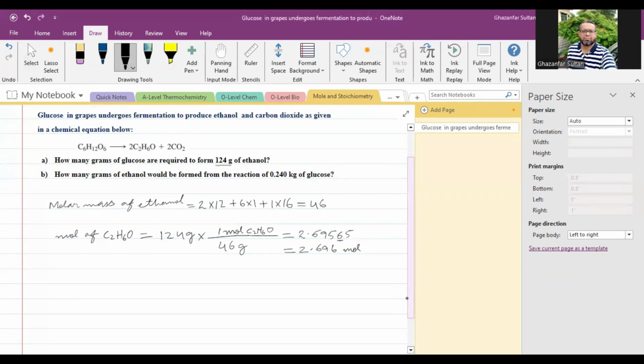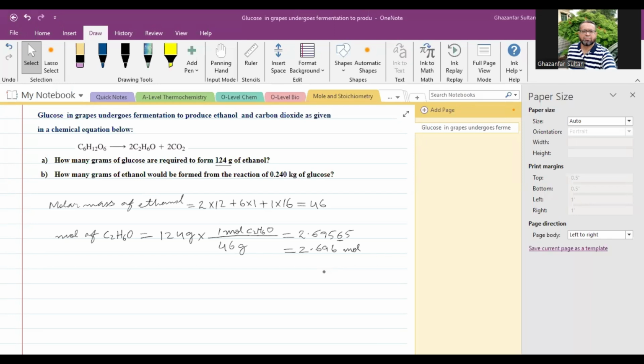Now see what is the factor here. 1 mole of glucose produces 2 moles of ethanol. So how much glucose would be required to produce this many moles of ethanol?